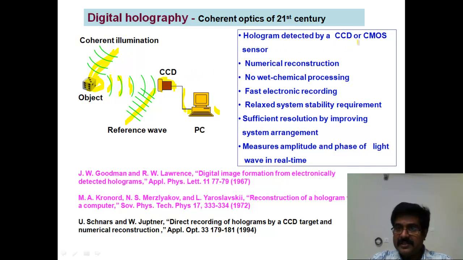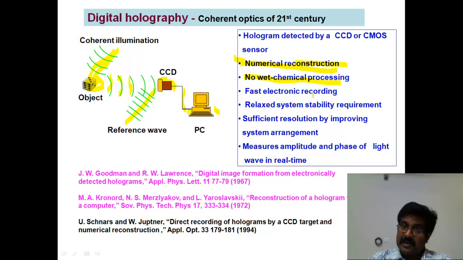Hologram is detected by a CCD or a CMOS sensor. Nowadays CMOS sensors are very cheap, and high resolution CMOS sensors are available, and numerical reconstruction is done using the computer, so wet chemical processing is avoided.